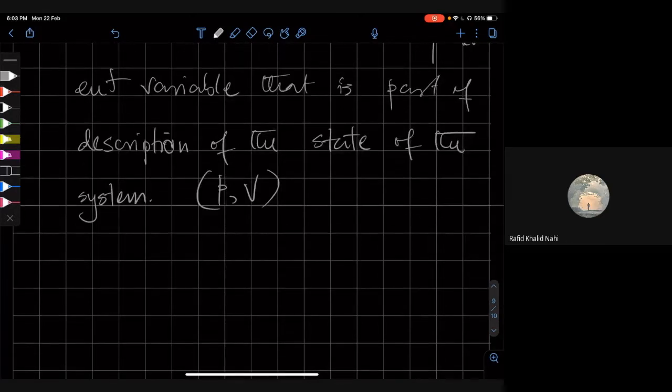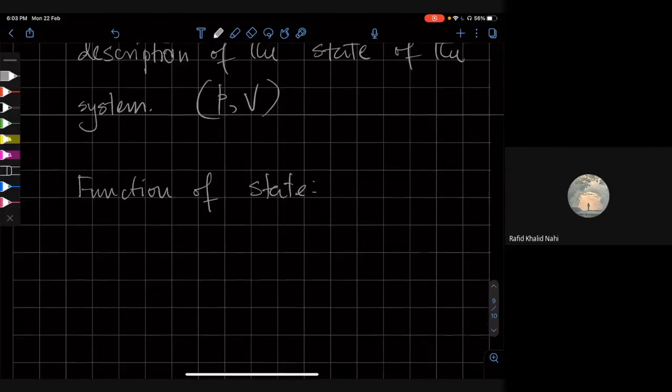So now we define a function of state. A lot of thermodynamics is about quantities which are functions of the state variables. And for example, we will deal with entropy, we will deal with energy. These are all functions of the state. So what is a function of state? Very easy.